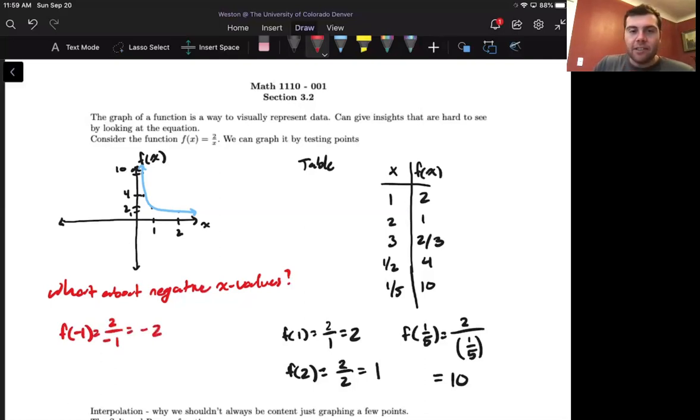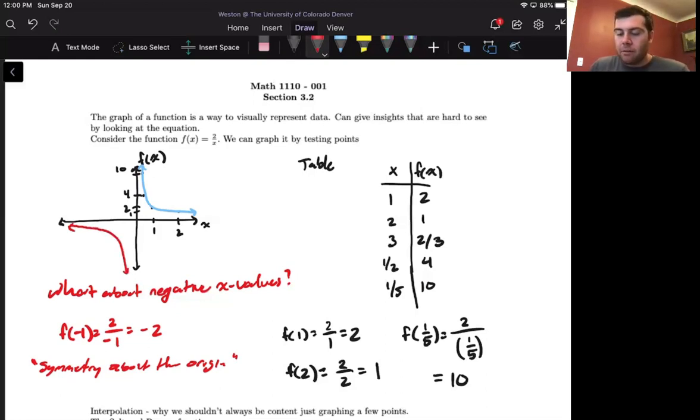That gives us -2. And so because the graph has what we called symmetry about the origin in prior videos, we know that on the negative side, it's just going to look exactly the same, just reflected across this line. So that's the graph of our function.